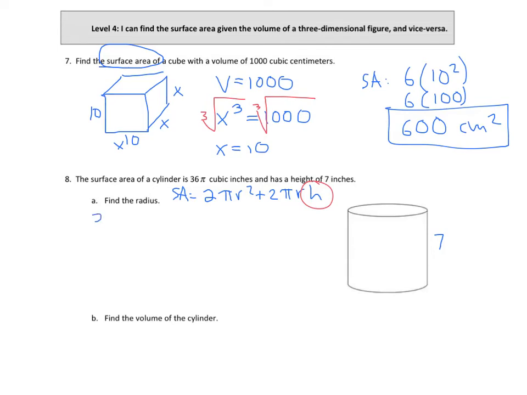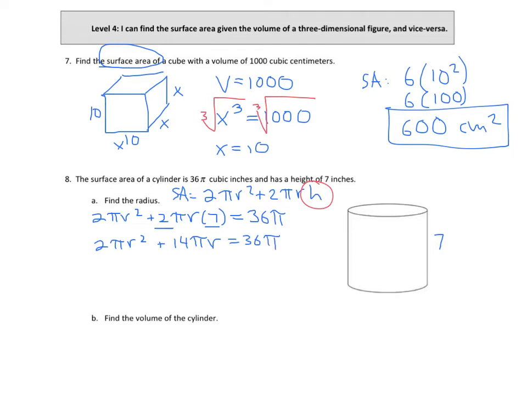So I make an equation, 2 pi r squared plus 2 pi r times 7 equals the surface area, which is given as 36 pi. I can simplify the 2 times 7, so I get 2 pi r squared plus 14 pi r equals 36 pi.